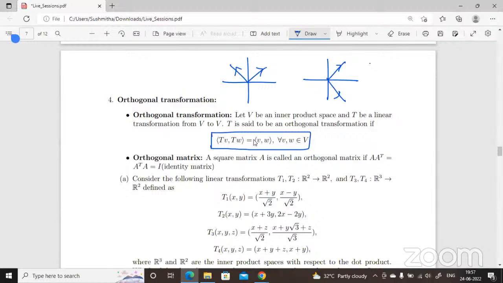What this says is that the angle between them is preserved. The inner product of TU and TV is the same as that of U and V. The angle is preserved.